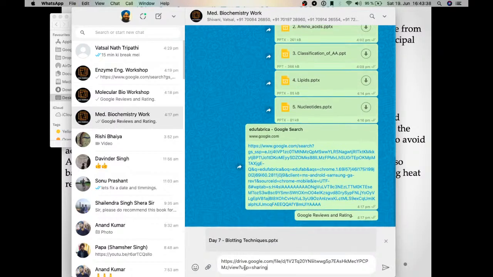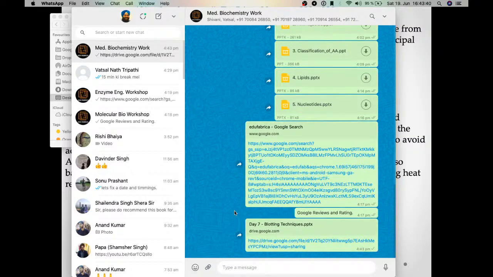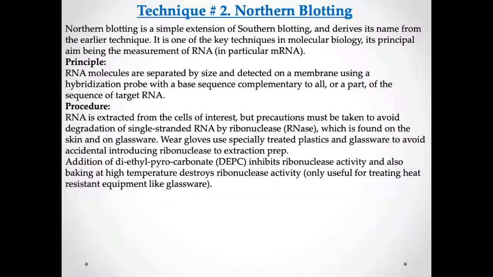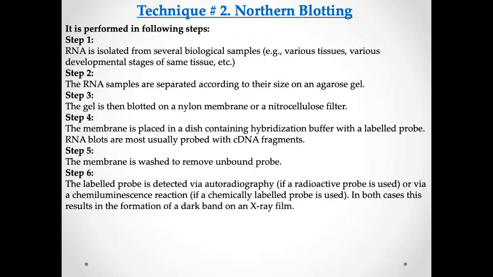You can download these blotting techniques and go through them. So I will switch to Northern, where everything is the same.